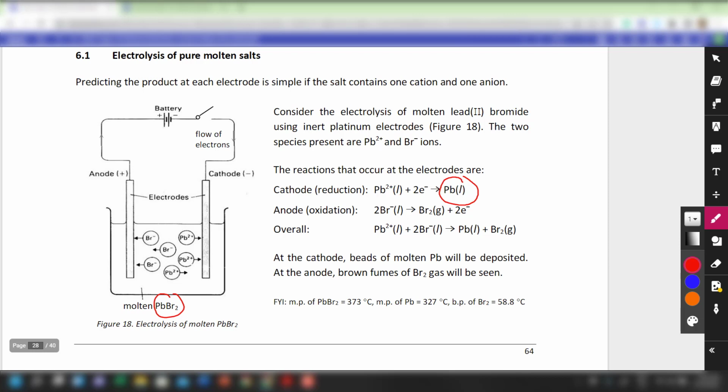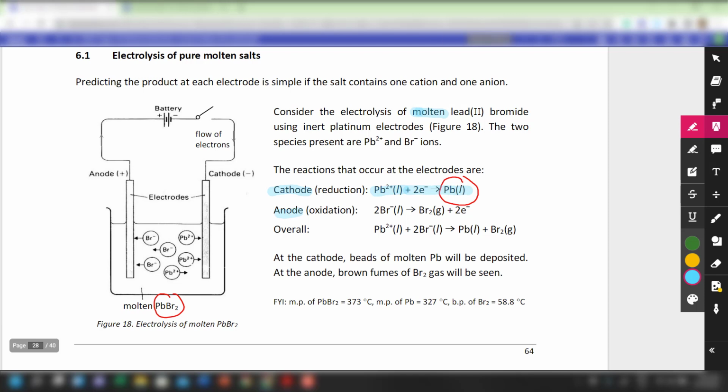Do take note that when you write down the equations, you have to write down the actual process that is taking place. For the cathode, reduction is taking place. The state symbols are very important because it's molten. So make sure that you have lead 2+ molten plus 2 electrons, and in the process you get liquid lead.